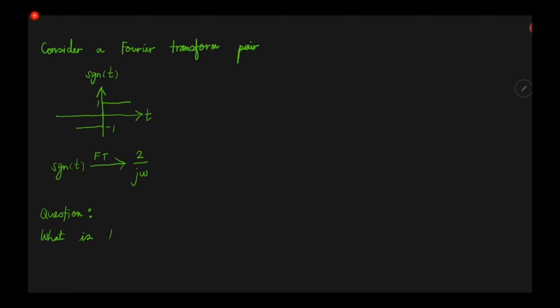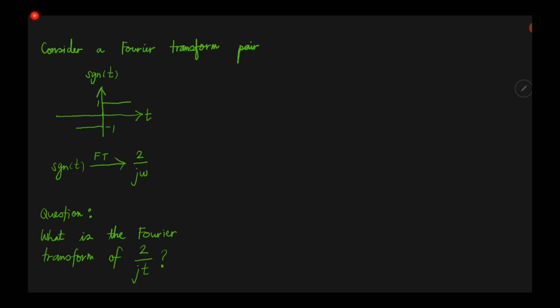Now the question is, what is the Fourier transform of 2 over jt?